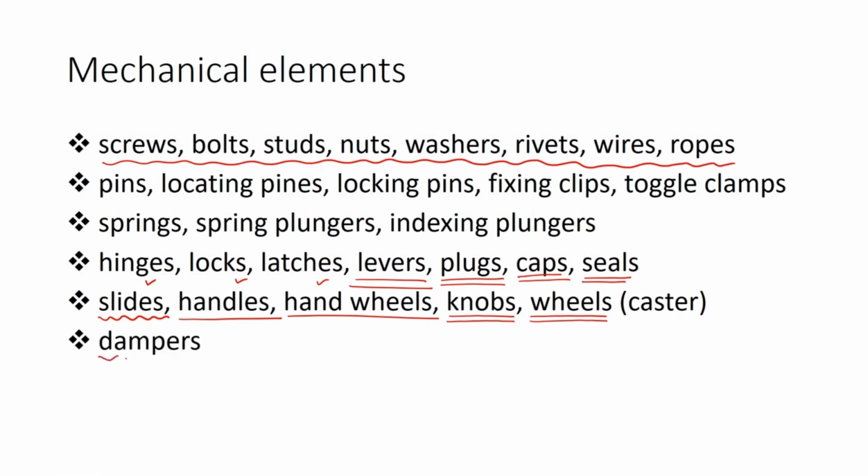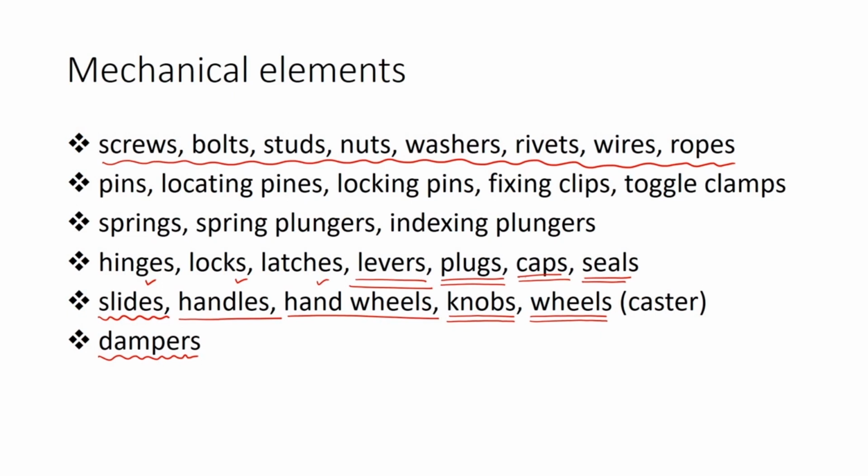The automated systems work on the application of a variety of forces. So, in the application of the forces, there may be chances to have vibrations in the system. So, we also require various dampers.